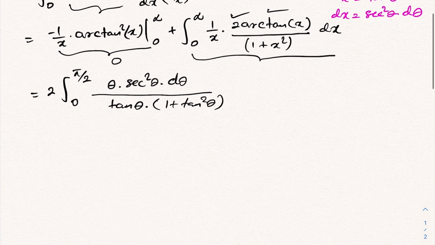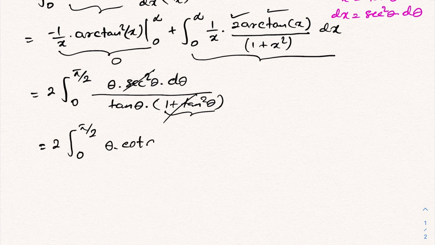Well, now we can simplify, because we know 1 plus tan square of theta is equal to secant square of theta. Therefore secant square of theta and 1 plus tan square of theta get cancelled. So we have 2 times integral from 0 to pi over 2, theta times 1 over tan of theta, we know cotangent of theta d theta.